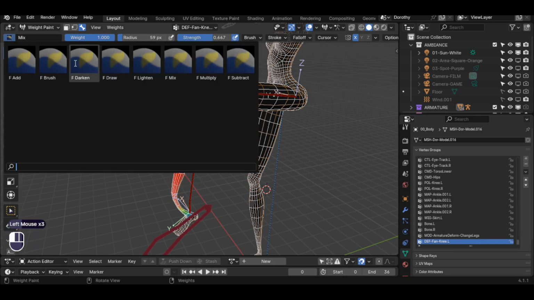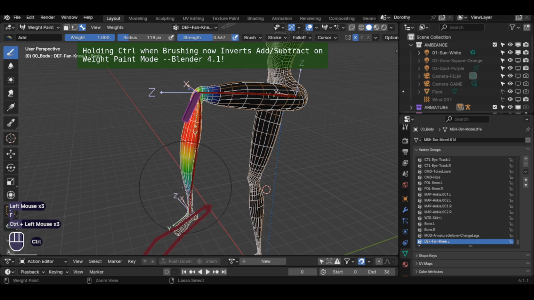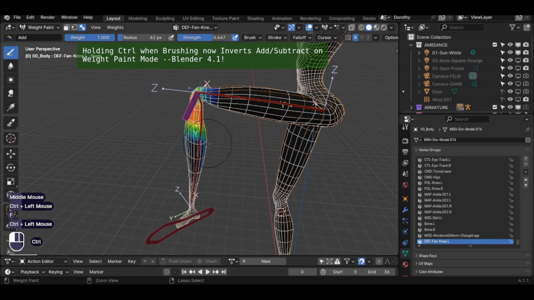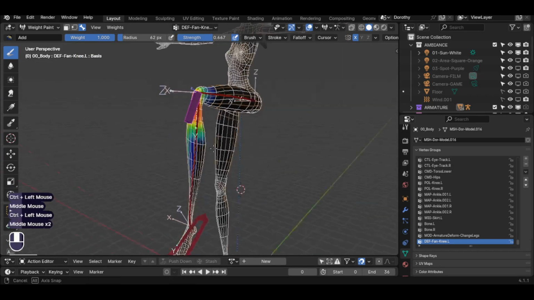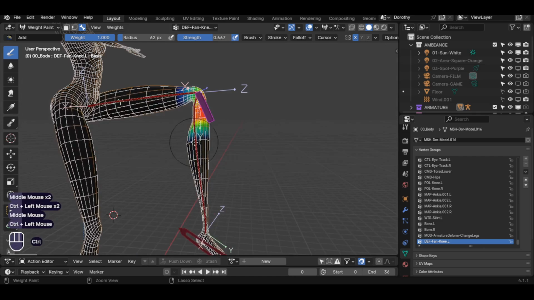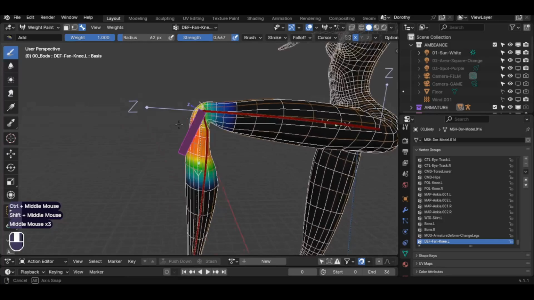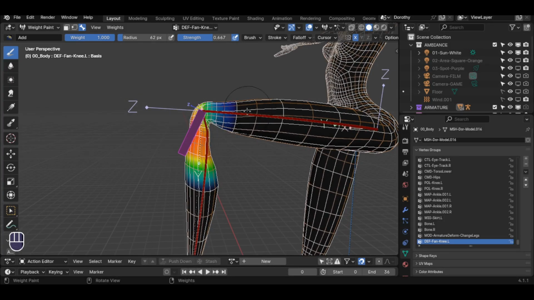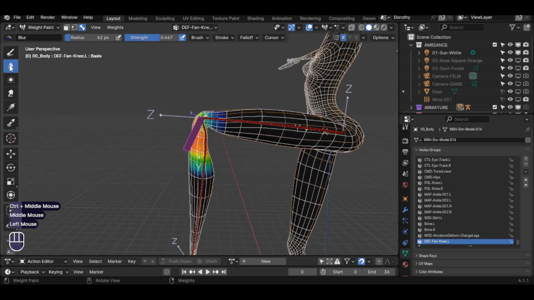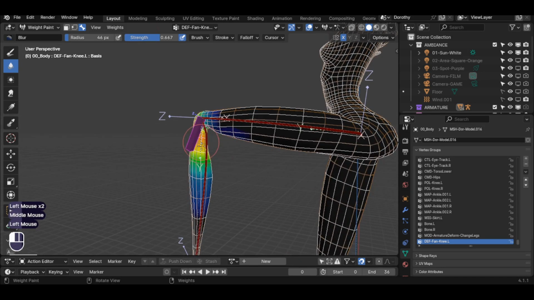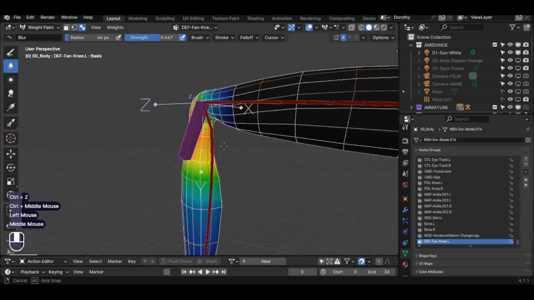So now the fan bone has the same weight painting as the shin bone, except that now I'm going to subtract weights from the fan bone, because I just want to focus its weights on the mesh near the joint that I want to derotate, and it's probably not these ones on the bottom, it's more the mesh that is closer to the joint. The other weight paint had additional weights there which were useful, so this approach I'm doing is not necessarily better, but it can help to get some organization.